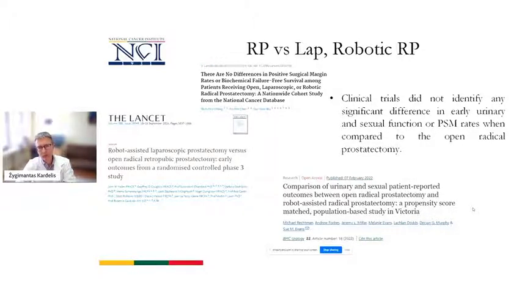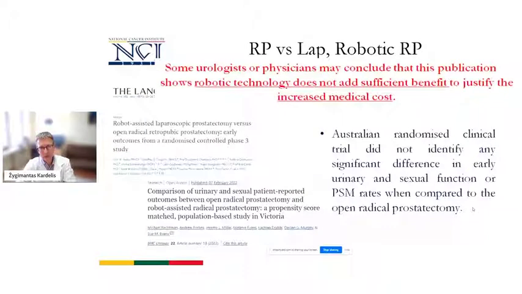The options for operation include laparoscopic and robotic approaches. Some see better benefits in various techniques, but some physicians don't see any benefits of robotics compared to open.